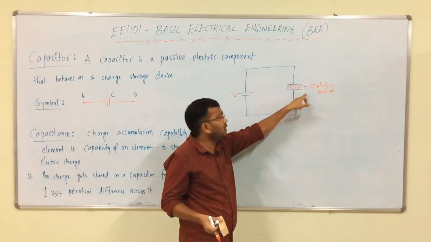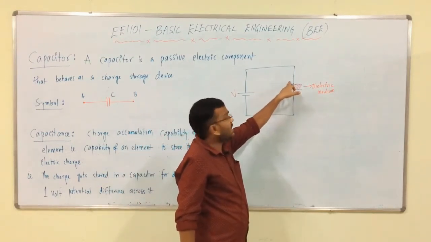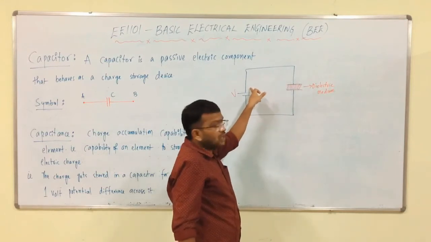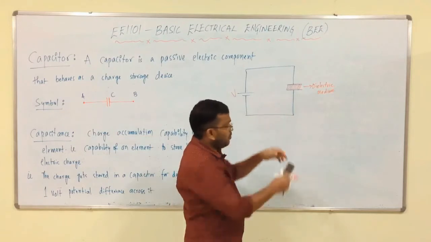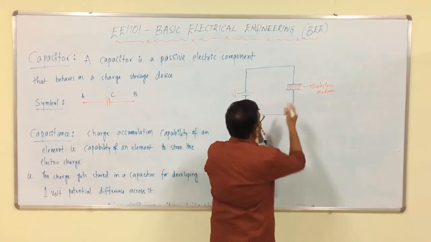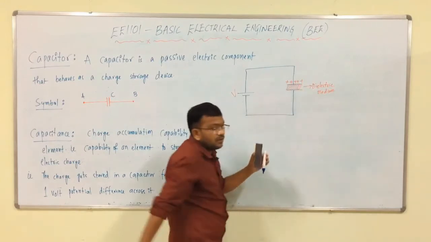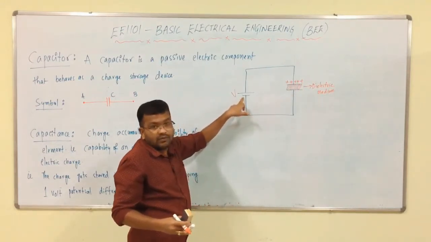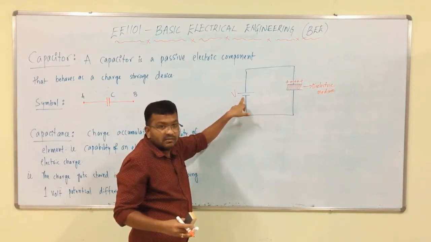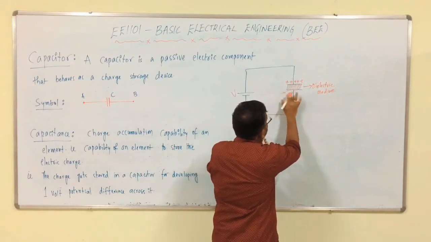The plate which is connected to the positive potential of the supply voltage becomes positively charged. The plate which is connected to the negative supply voltage becomes negatively charged.